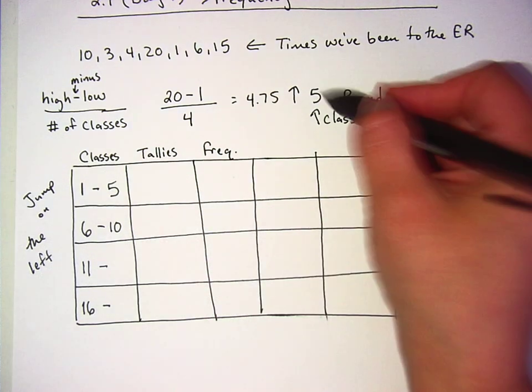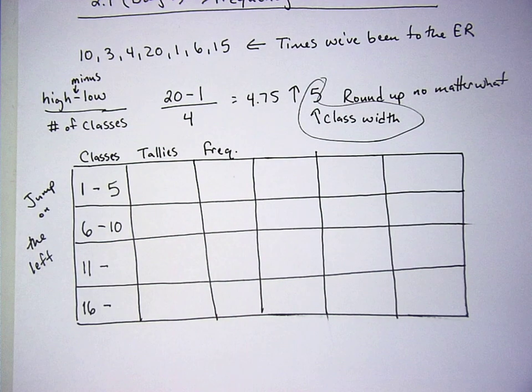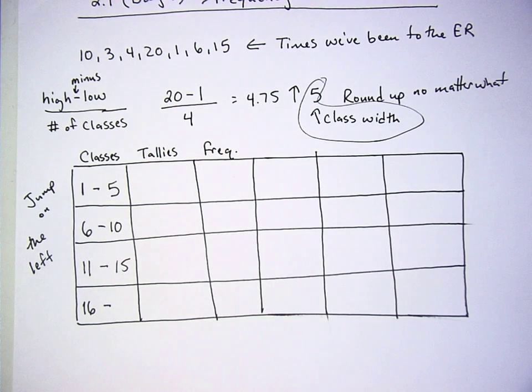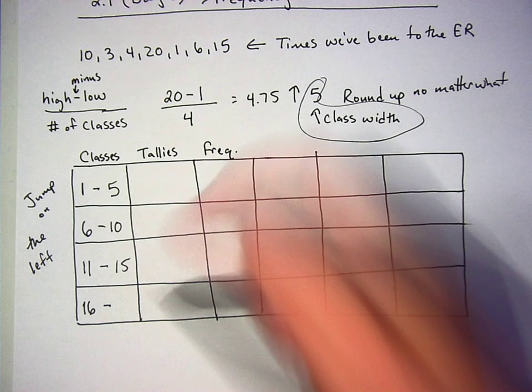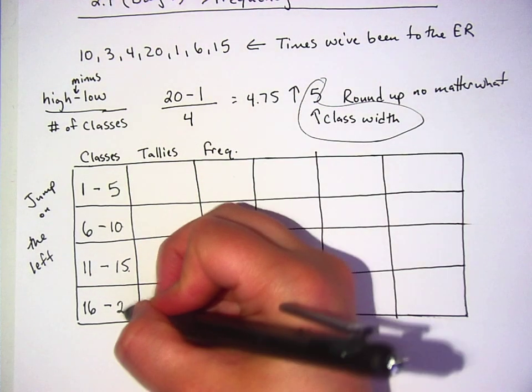Also notice that since the class width is 5, if I look at this class, 6 through 10, 6, 7, 8, 9, 10, there's 5 numbers in there, that's why it's called that. This one's 15. And the last one, because we want all of our classes to be the same width, do you see how these are jumping by 5 as well? So this one's gonna be 20.